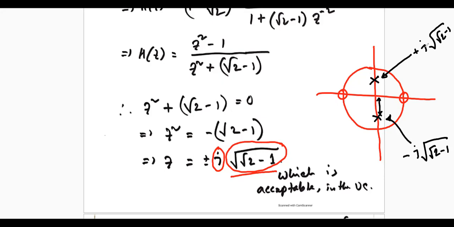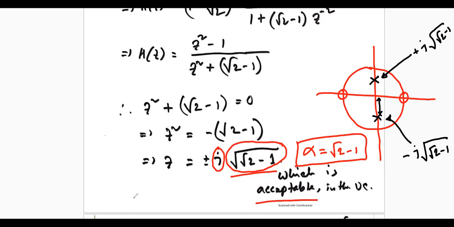So from our understanding, since this is inside the unit circle, we can take it. It gives us the idea that if we take alpha equal to root over 2 minus 1, that is good, that is acceptable.